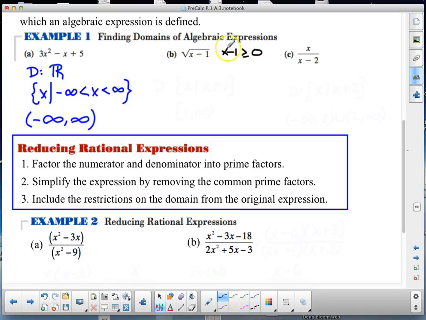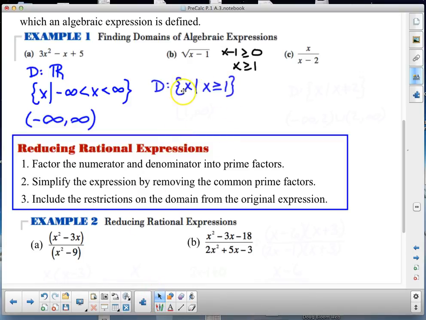Solving this, x must be greater than or equal to 1. Now my domain is x such that x is greater than or equal to 1. In set builder notation it'll be that way. In interval notation it'll be closed, unbounded, because it's closed at 1 and goes up to infinity.